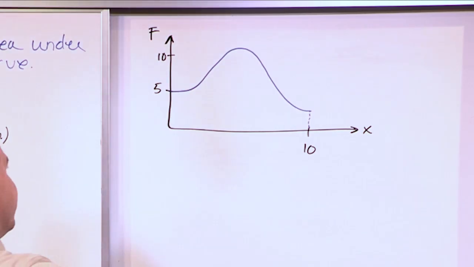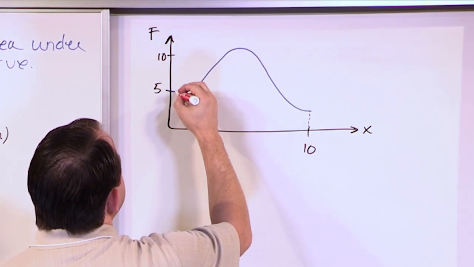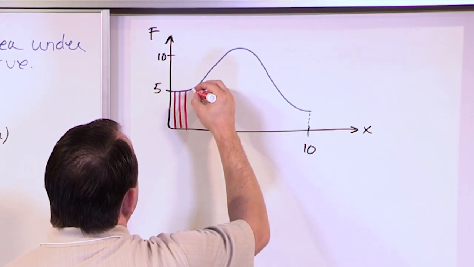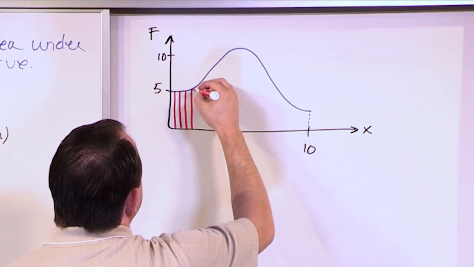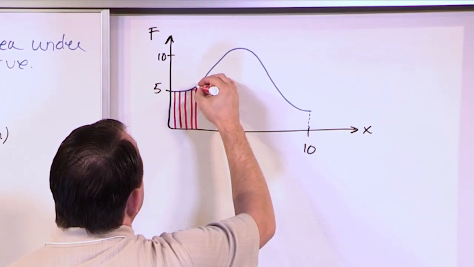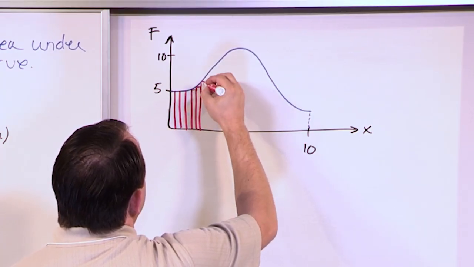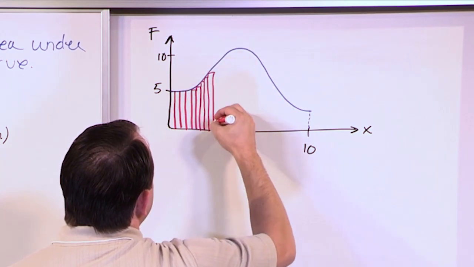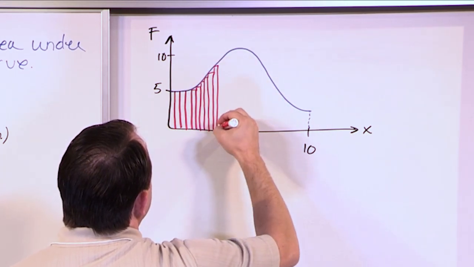Well, one way I can improve on it is I can make these rectangles much, much narrower. I can have like 3 times as many rectangles. So I could do something like this. And you can see how I'm climbing up the curve.